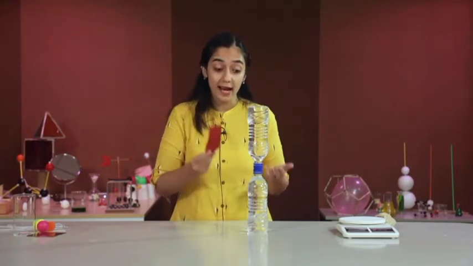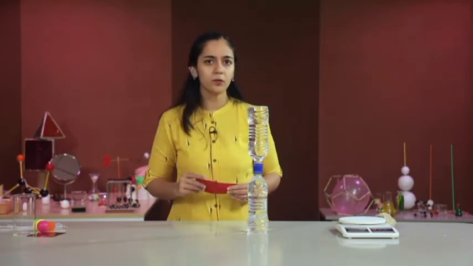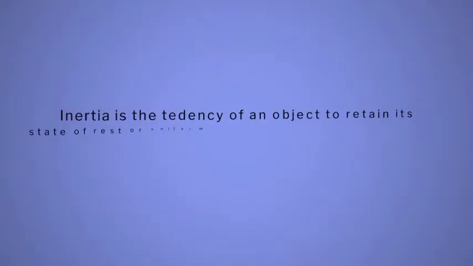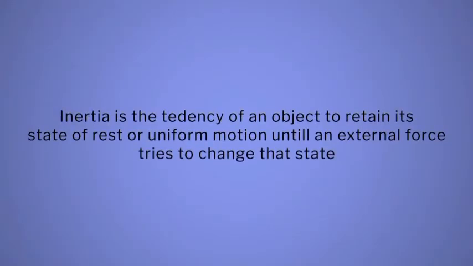Magically, the strip is in my hands and the bottles are standing on top of one another. Bottles are standing like this because of inertia. According to Newton, the more the mass, the more will be inertia. Inertia is the tendency of an object to retain its state of rest or uniform motion until something external tries to change that state. When we flicked the strip, it fell down in motion while bottles remained at rest.